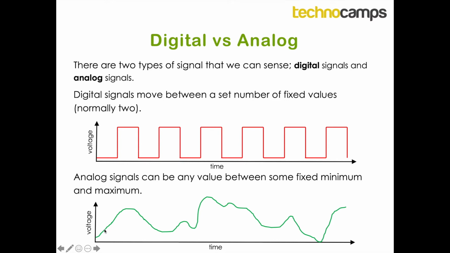It can be any voltage as it changes over time. You can see it wiggling around and going through pretty much every point on the y-axis. So an analog signal can be any value between a minimum and a maximum, whereas a digital signal is a signal that moves between a fixed set of values, normally 2.